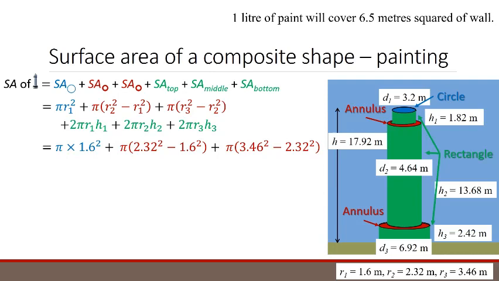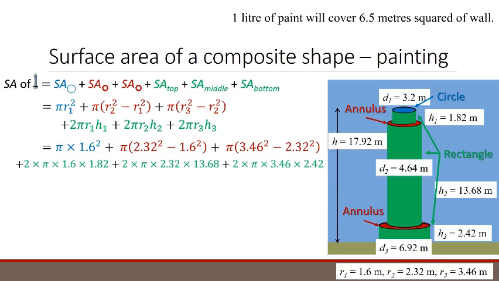For the small annulus at the top, pi brackets 2.32 squared minus 1.6 squared, plus the annulus at the bottom, pi times brackets 3.46 squared minus 2.32 squared, plus the 3 green sides or rectangles, so 2 times pi times 1.6 times 1.82, plus 2 times pi times 2.32 times 13.68, plus 2 times pi times 3.46 times 2.42.